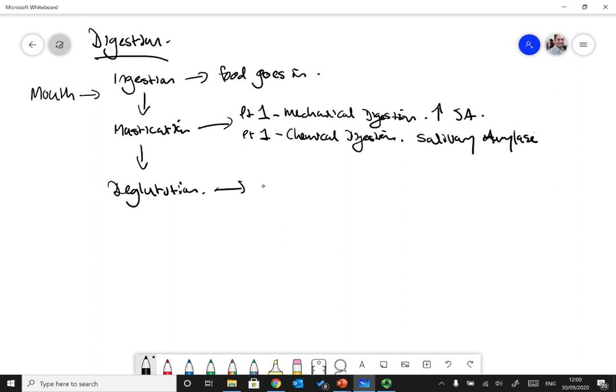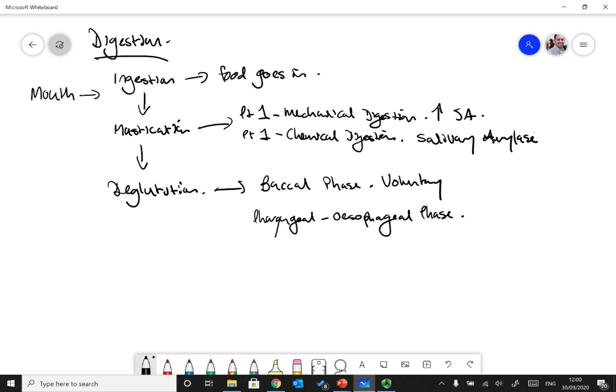Then, of course, we've got deglutition, which is swallowing, and this is broken down into two parts. Part one is the buccal phase, and that is a voluntary phase. And part two is the pharyngeal esophageal phase, and that is very much involuntary.